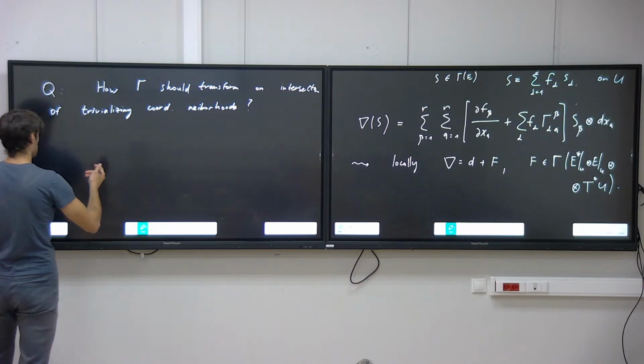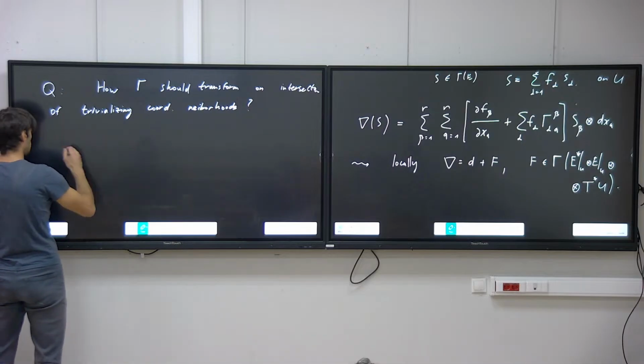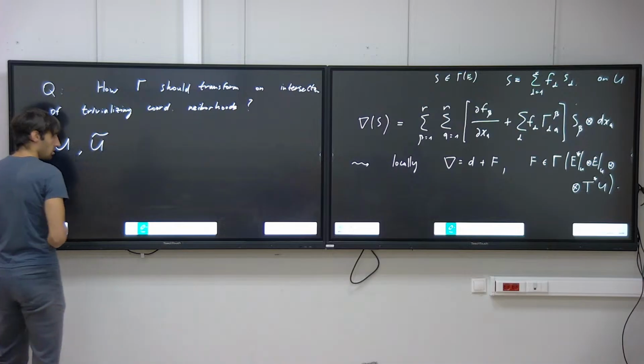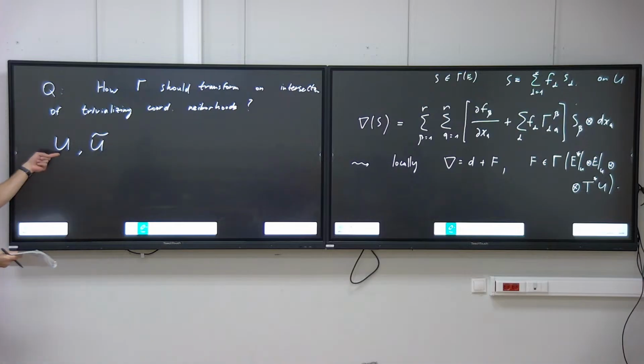Suppose I have two open sets now, U and U tilde, and on U I have S alpha and x A. Then I have all the same with tildes: S alpha tilde give me a local basis on U tilde, and x A tilde are coordinates in U tilde.